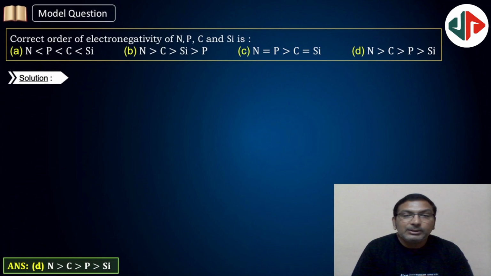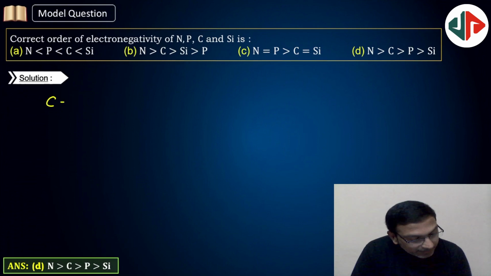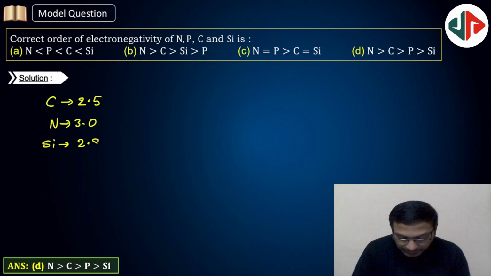The order of electronegativities of nitrogen, carbon, silicon and phosphorus. So for carbon, 2.5 we know. For nitrogen 3. Next silicon 1.8. Last phosphorus 2.1.